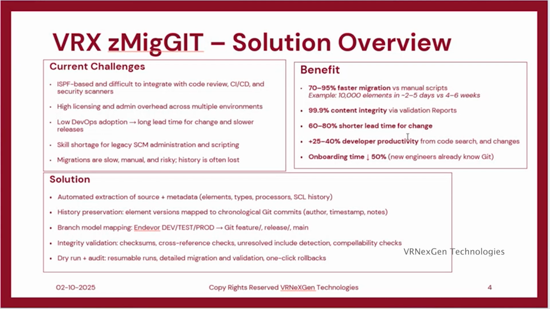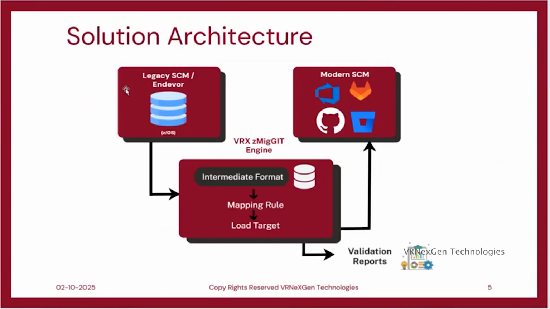Depending on the level of customization, the migration may be 60 to 80% faster, and it improves developer productivity with Git-based SCM, and we can onboard new developers with it.